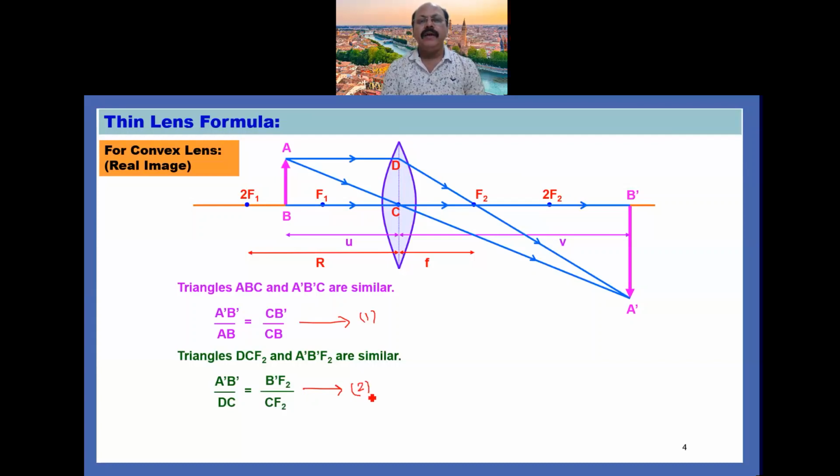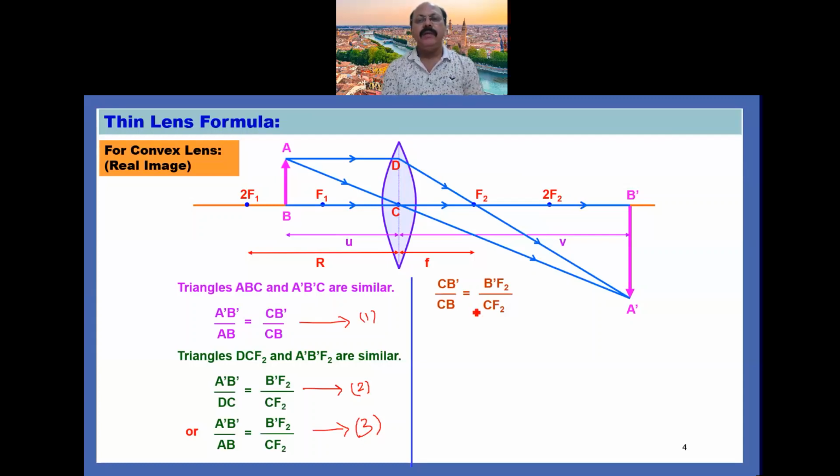Now you see in the diagram that DC is equal to AB. So in equation 2, in place of DC we write AB. You will get A dash B dash upon AB equal to B dash F2 upon CF2. Then you see that in equations 1 and 3 the left-hand sides are equal, so the right-hand sides can be made equal. So CB dash upon CB equal to B dash F2 upon CF2.